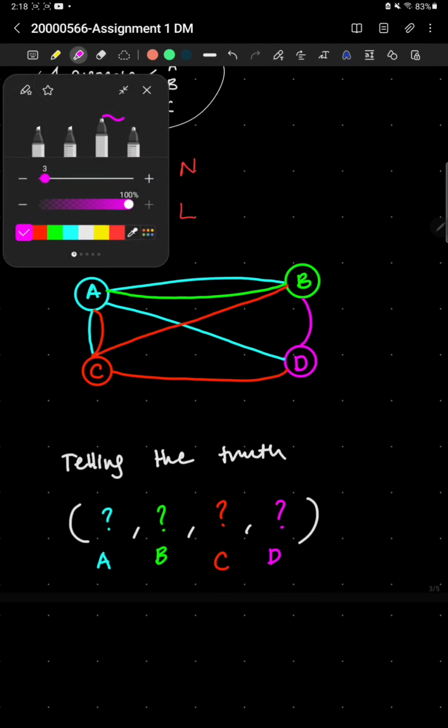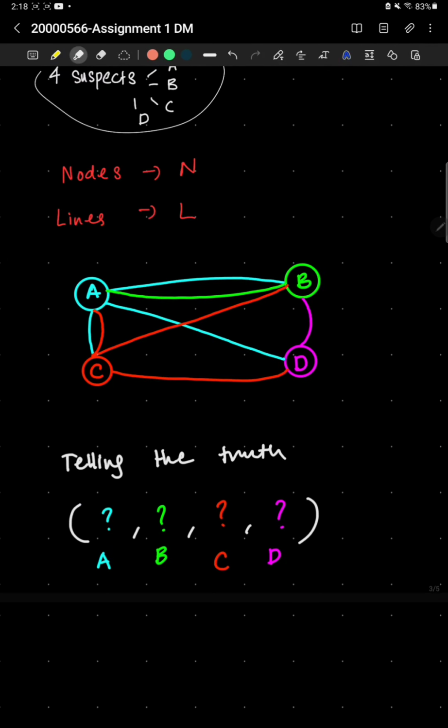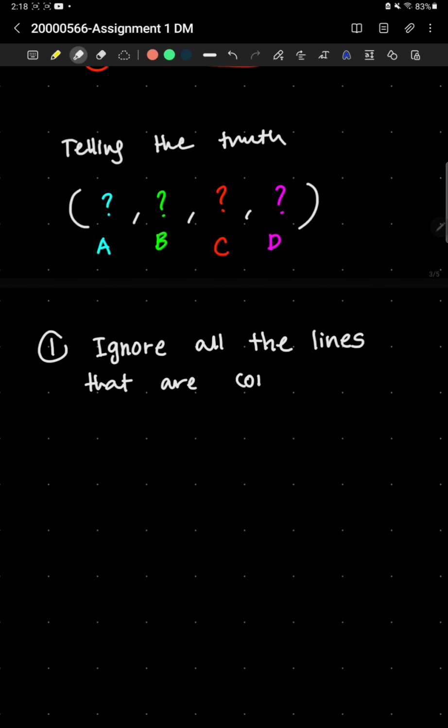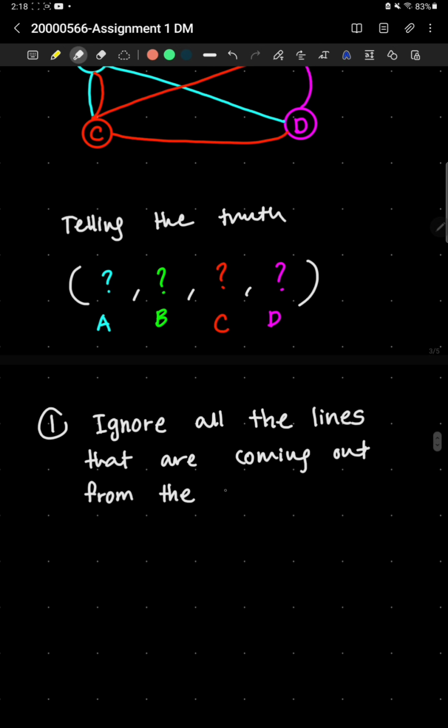First things first, let's do the steps. The first step is to ignore all the lines or edges that are coming out from the knot itself.